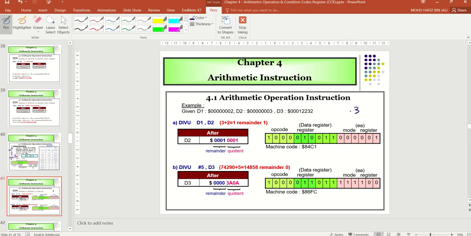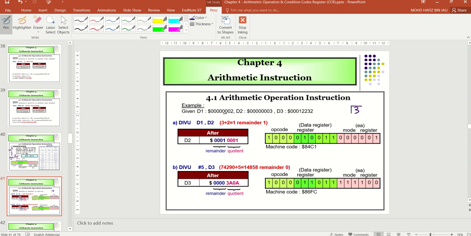Since the upper bits are 0, you actually don't have to put them. So D2 is 3. Remember, destination divided by source, not source divided by destination. D2 is 3 divided by D1.